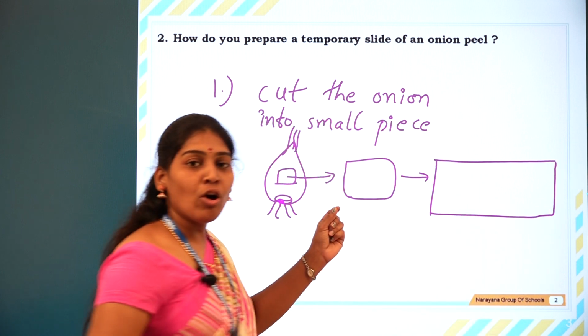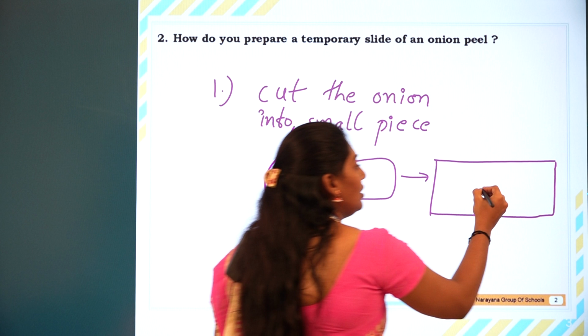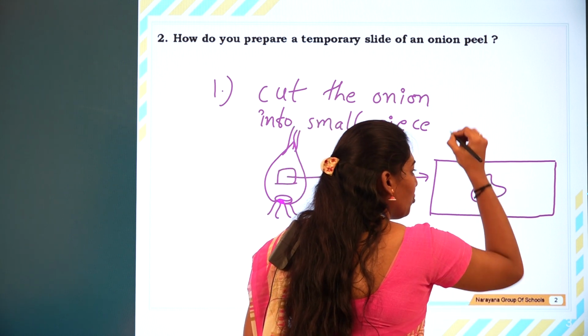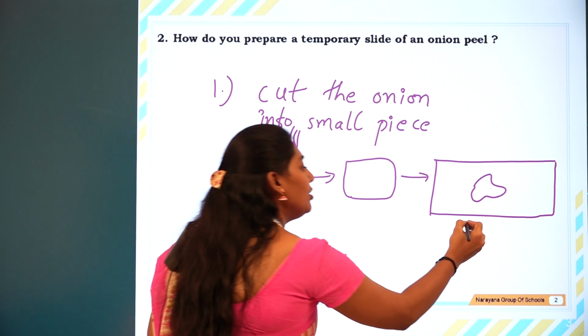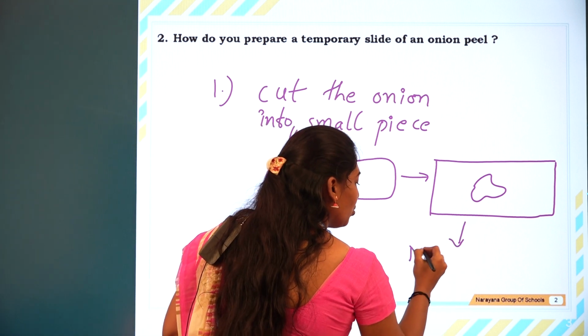Make sure that it is not folded. This thin layer we have to place on the slide, put a drop of water, and observe it under the microscope.